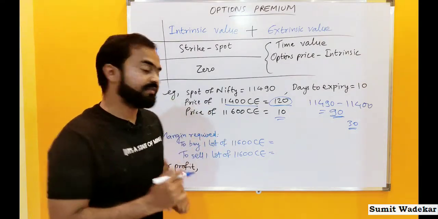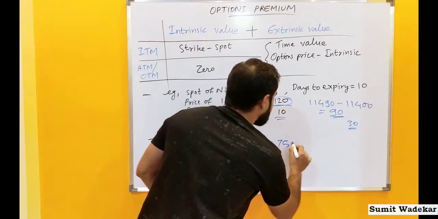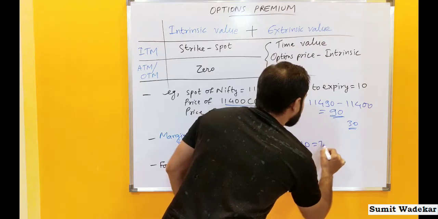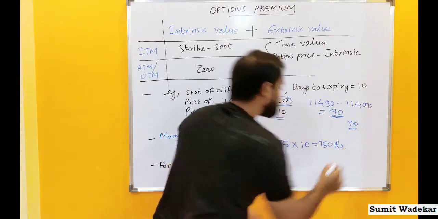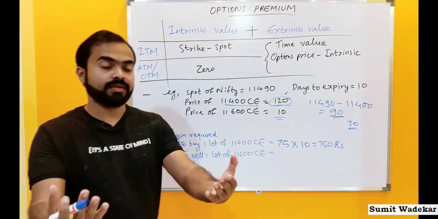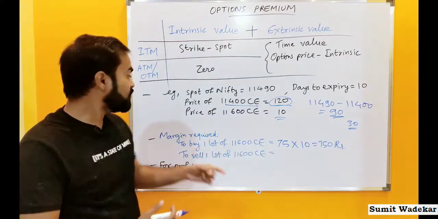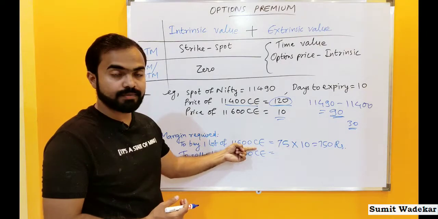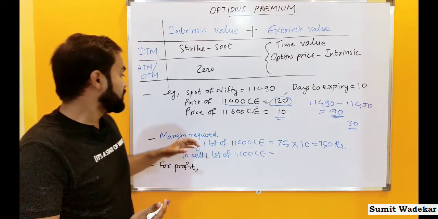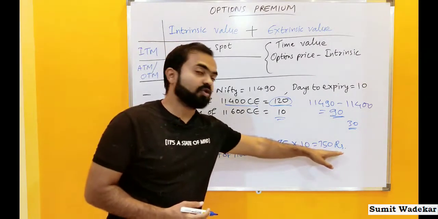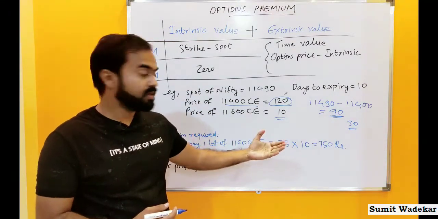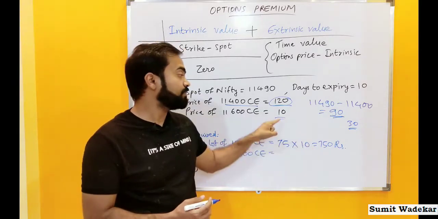Lot size of Nifty is 75, so 75 into 10. So I have to pay a premium of 750 rupees to buy one lot of 11,600 call, if it is trading at 10 rupees. So this is the margin required to buy one lot of Nifty. This is just one example. This will vary depending on the price of the option.